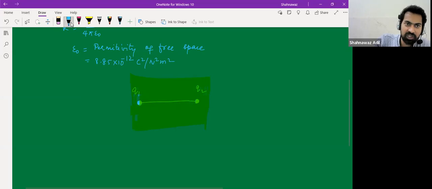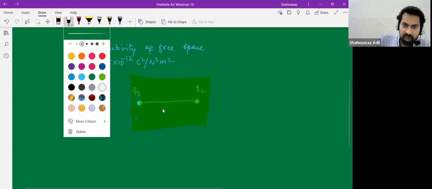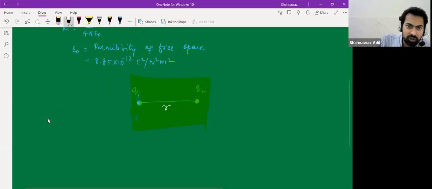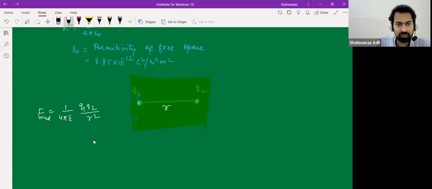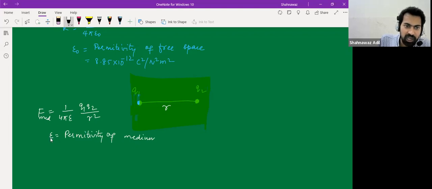Let's say the separation is R. So the force would be 1 by 4 pi epsilon, Q1 Q2 by R square. This is the medium, and this epsilon is the permittivity of the medium.